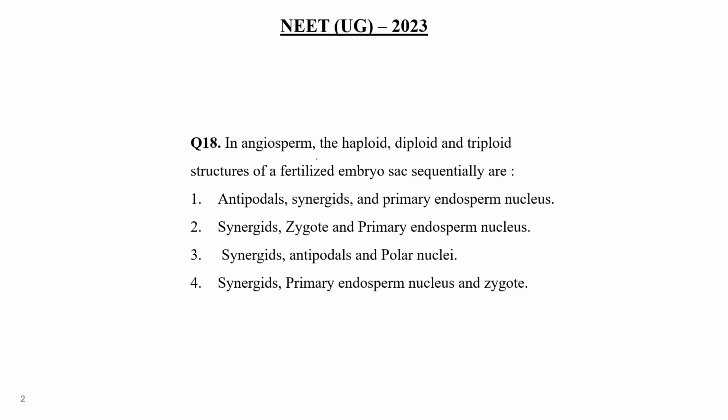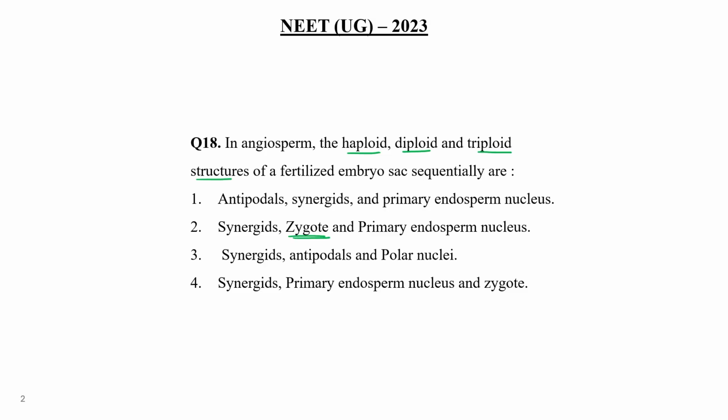Okay, so haploid, diploid, and triploid structures. Obviously we all know the zygote is diploid in nature. So in the second position, diploid means zygote should be in the second position. Only in choice number 2 have they put the zygote in the second position. So this is the correct answer.